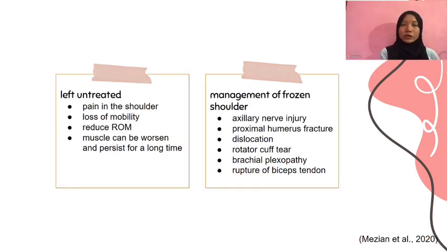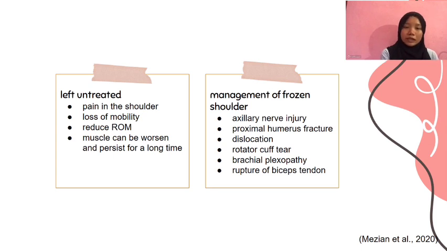Complications of frozen shoulder: if it is left untreated, it can cause pain in the shoulder, loss of mobility, and reduced range of motion, and muscle weakness at the shoulder joint can be worsened and persist for a long time. For the management of frozen shoulders, axillary nerve injury can happen due to arthroscopic capsular release, especially when performing inferior release near the glenoid rim.